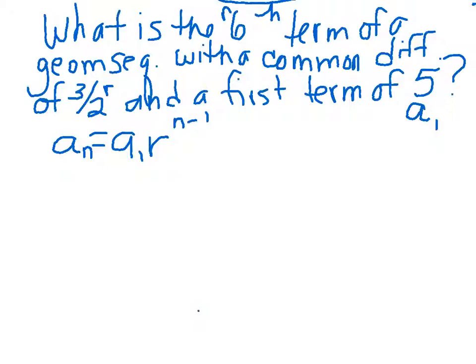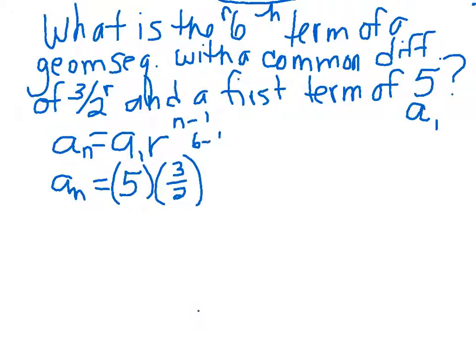So now that we have things labeled, let's plug them in. A sub n equals a sub 1, which is 5, times our common ratio 3/2, and the exponent is n minus 1, so 6 minus 1. When we rewrite this, 5 times 3/2, 6 minus 1 is 5.